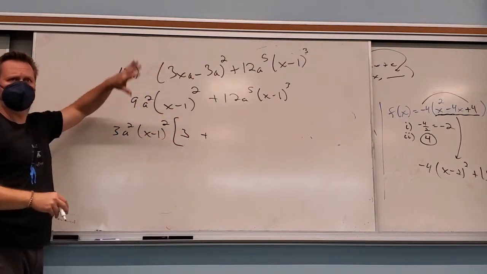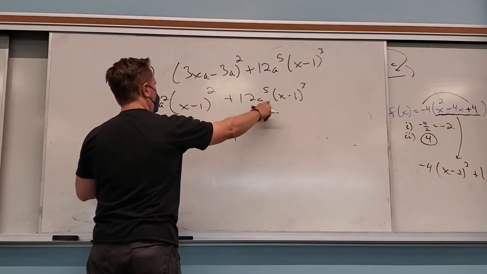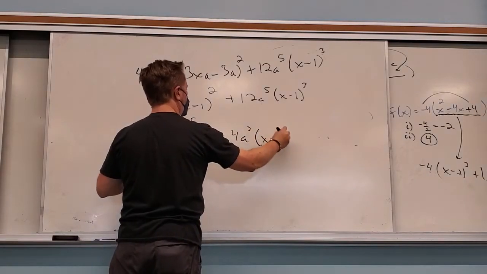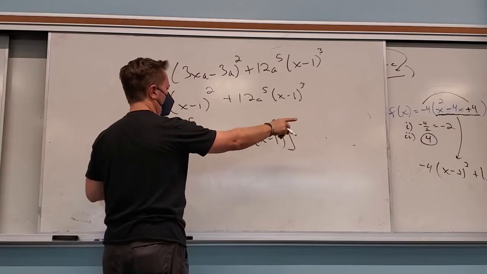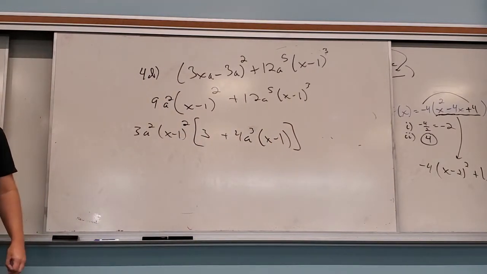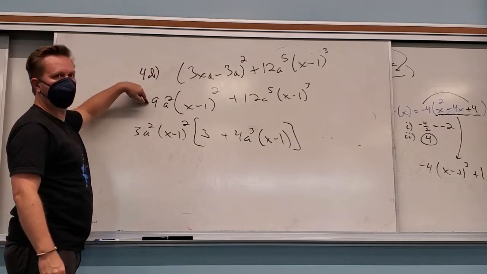Is that cool? 12 divided by 3 is 4. I had 5 a's, took 2, so I have 3 left. I had 3 of these, and took 2, so I have 1 left. And to be really honest, you could distribute, but it's not going to do anything. It's not going to be like terms. So this was the freaky step from here to there.